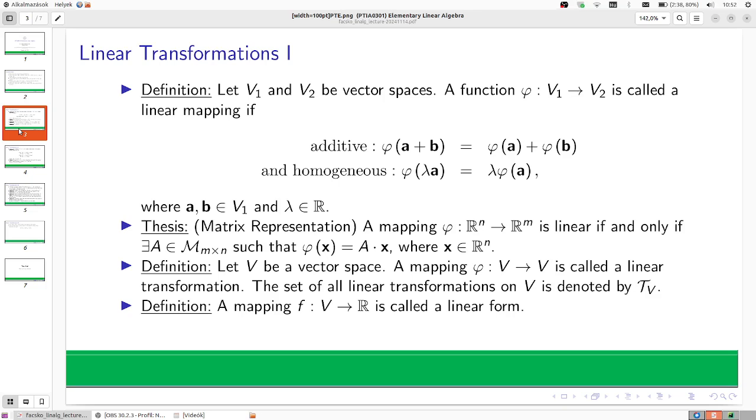Okay, so let's do this. We have two vector spaces. Yes, and we don't have a sheet.